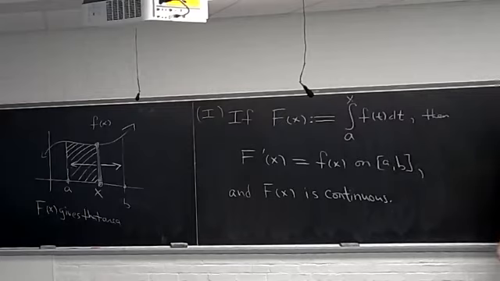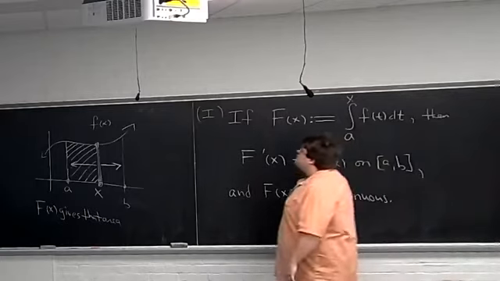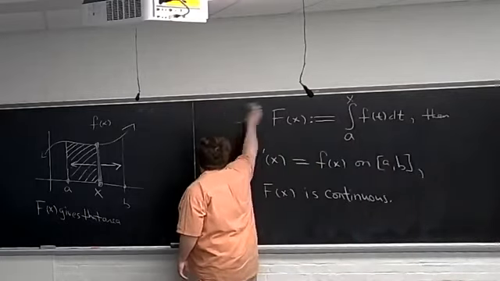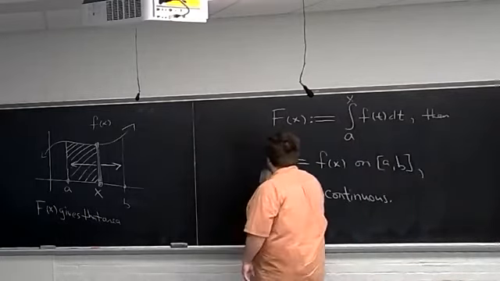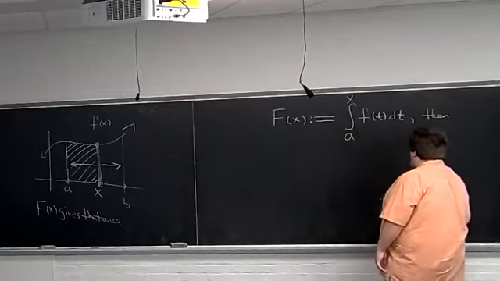Okay, we'll do a couple computations using this. But first, let's discuss the second part, and then we'll do computations using the first part, then computations using the second part.